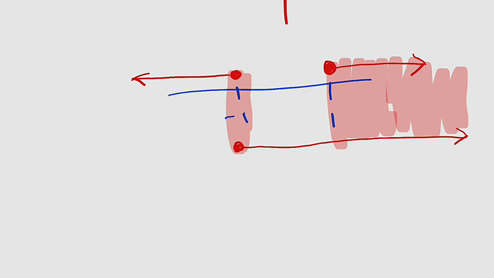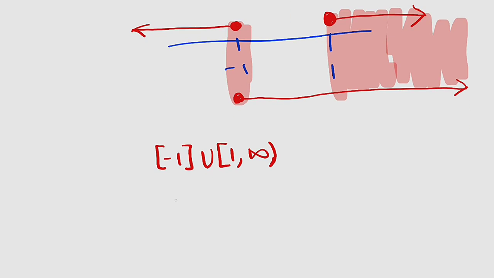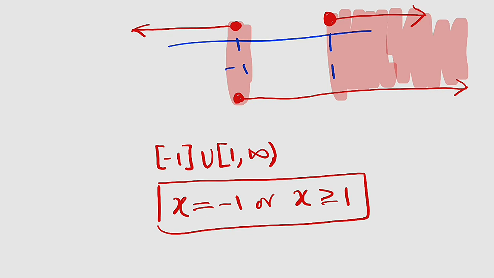So it means that the domain for that equation is what? -1 union 1 to positive infinity. This is our domain, which means that x can either be equal to -1 or x greater than or equal to 1. So any solution outside of this will not be accepted.